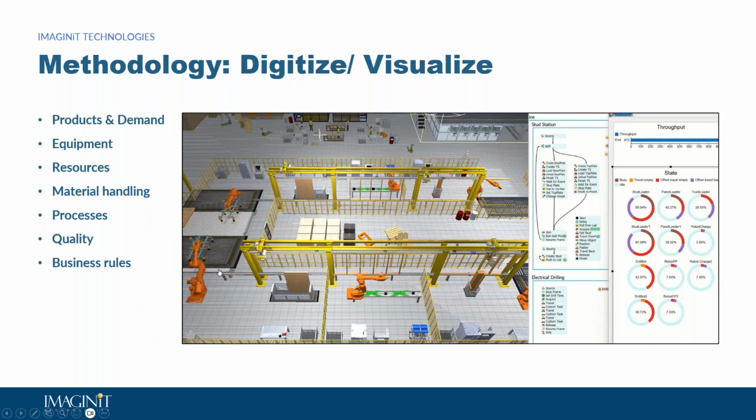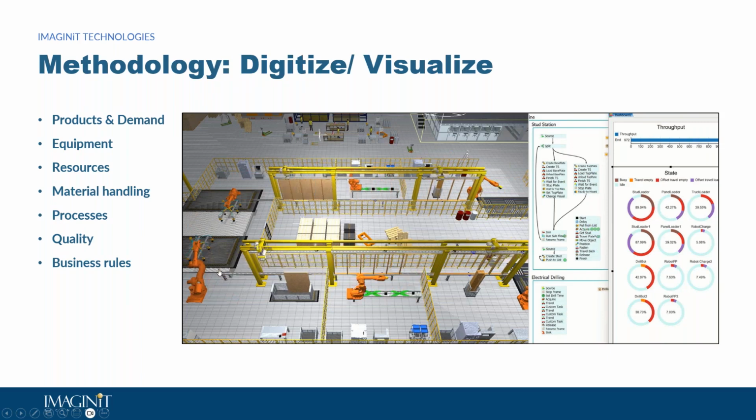So I wanted to walk through the methodology that we use within simulation. And this is standard across any type of discrete event simulation, is we want to start with digitizing the operation.